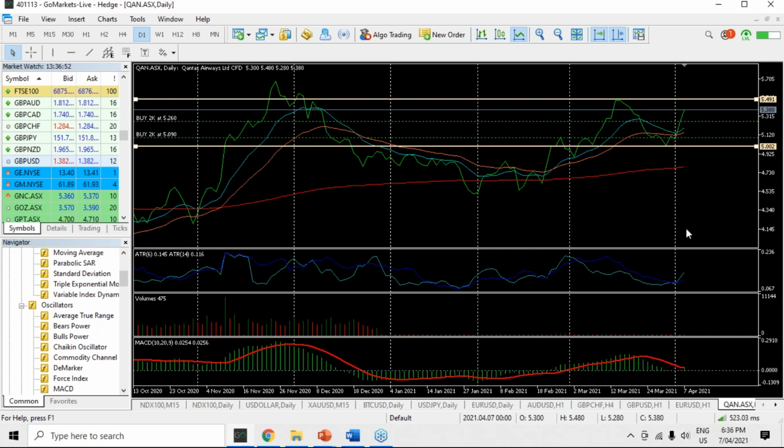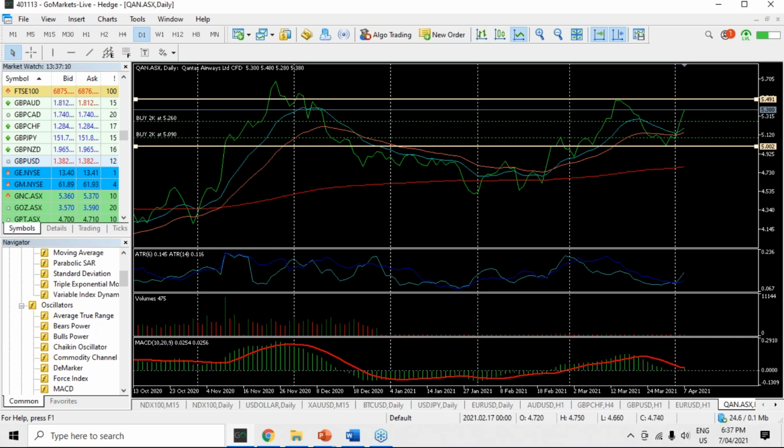We talked about this weeks and weeks ago, back in January and February, as an important level to the upside. First of all, it has been support a couple of times. And of course, it's a nice round number. So there's a nice example of a line.